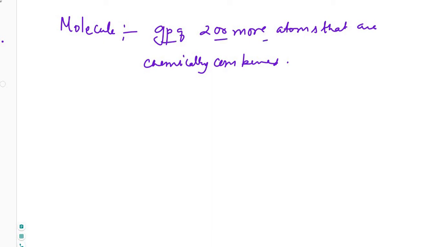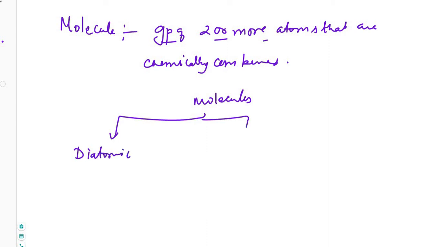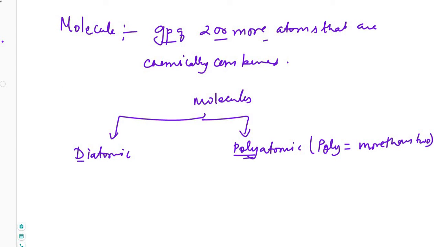Now again, based on how they are combined, molecules can be of different types. You can say it is a diatomic molecule, or a polyatomic molecule. So poly means more than 2, and di means, as I told you, 2.